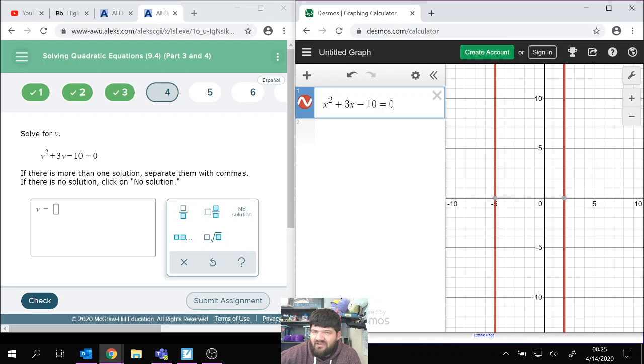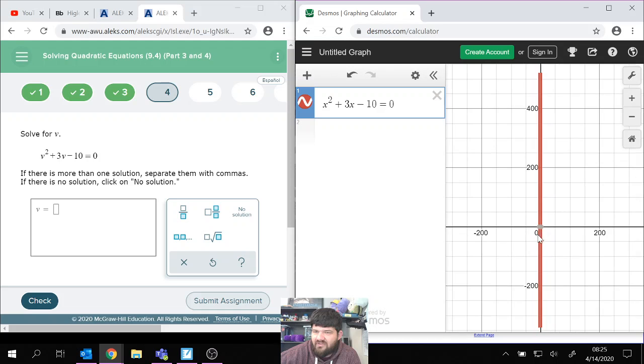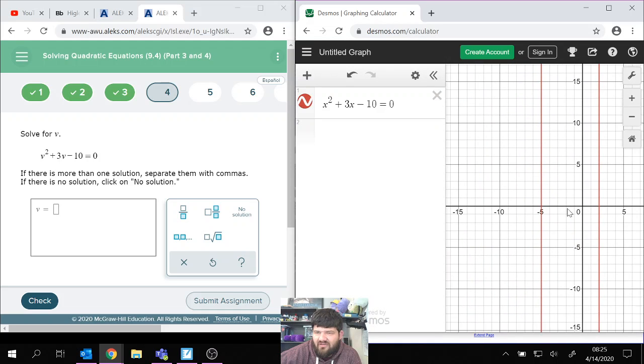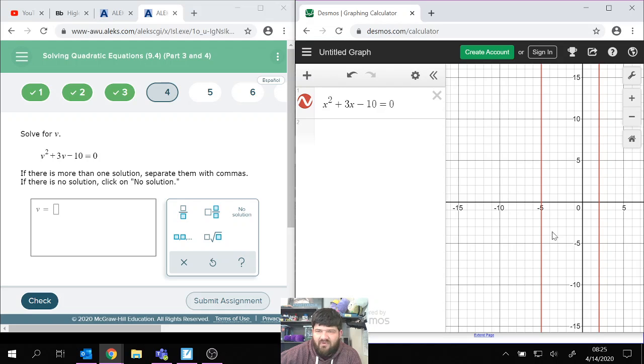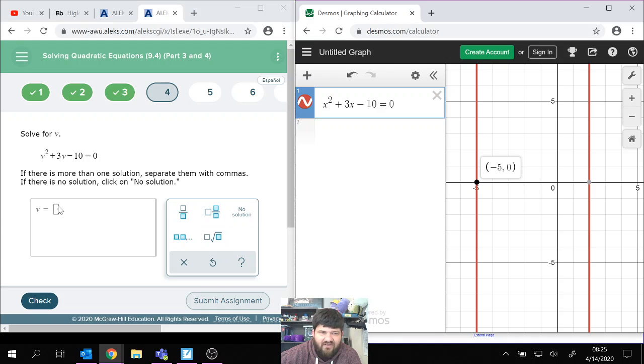So here's our parabola. You can zoom out, you can manipulate this however you want to try and see where the hoop is. From our transformations of parabolas and things, you should know what they look like. This is facing up, right? So here, where it crosses, these are our two zeros. The first one's really nice, negative 5, comma, and where does it cross again?